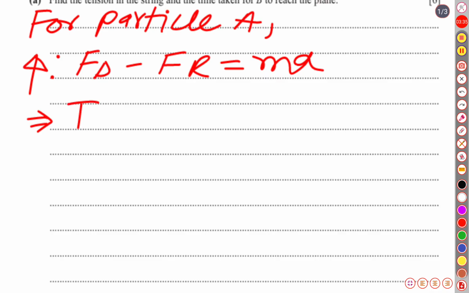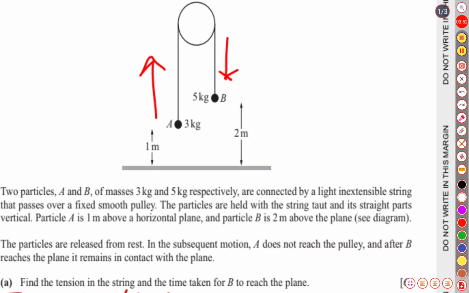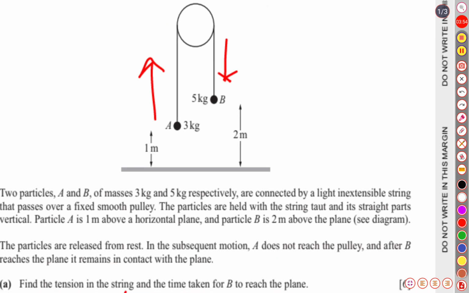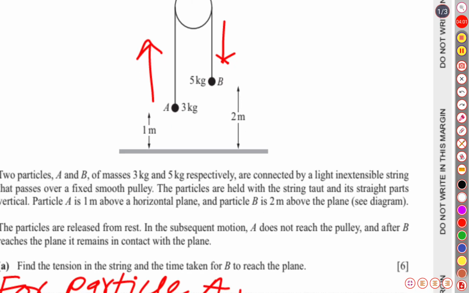Then there is no other force which is causing the particle to move up, and the opposite force, I mean resistance to motion, is weight. Only weight is the resistance to motion. Weight is trying to move the particle downward.